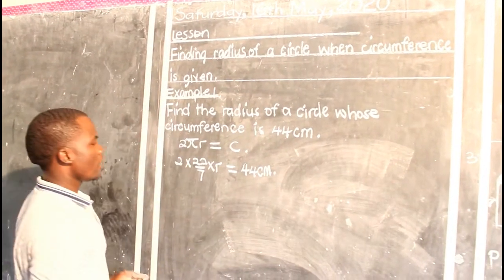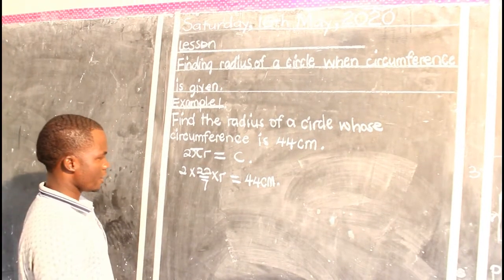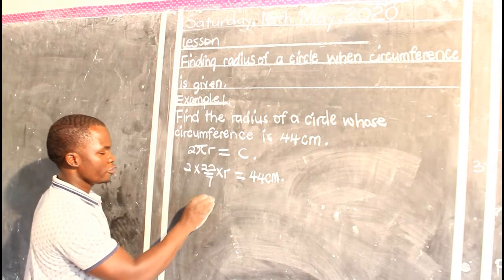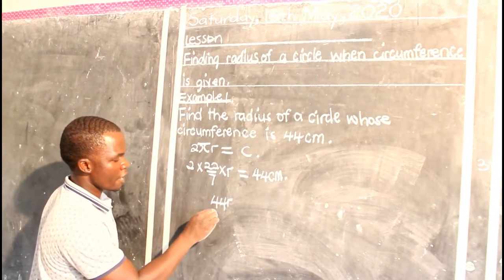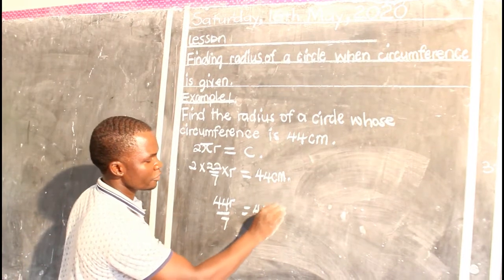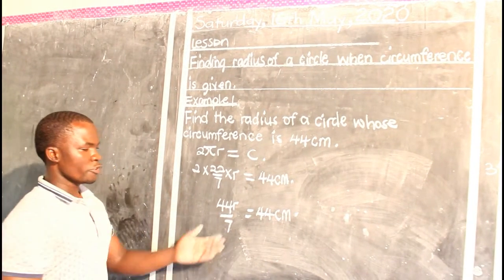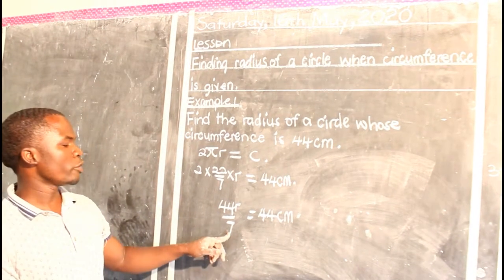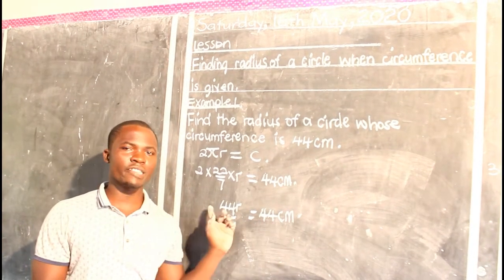We shall now move on and simplify. 2 times 22 times r gives us 44r out of 7 equals 44 centimeters. When you reach here, you are supposed to remove 7 by multiplying it on either side.